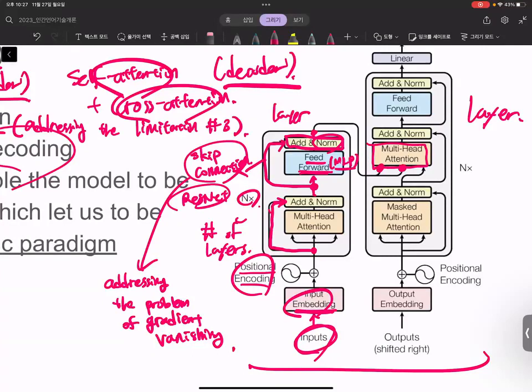Notice that there are three input arguments, and two of them come from the encoder side, and the other input comes from the masked multi-head attention.